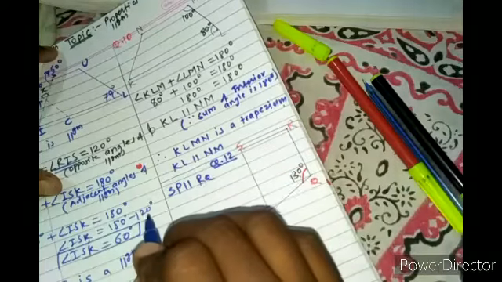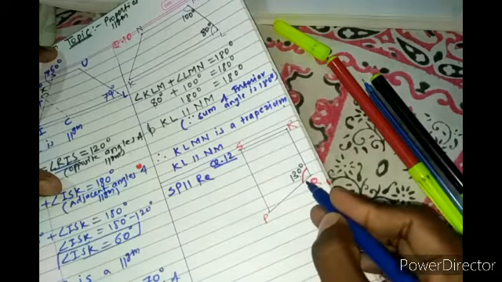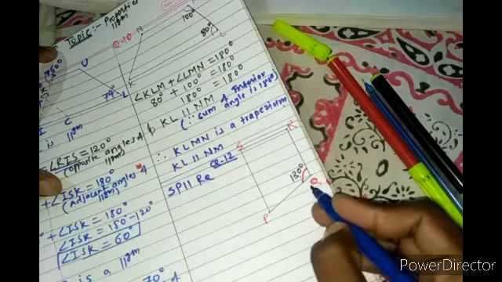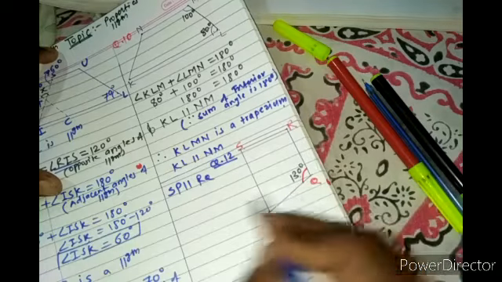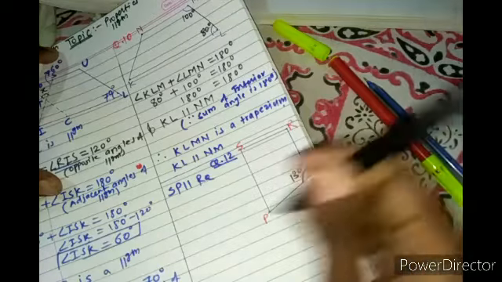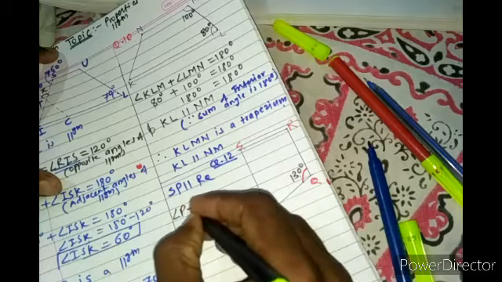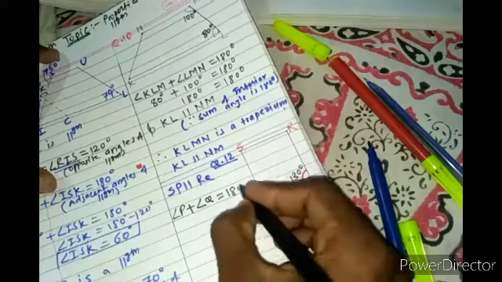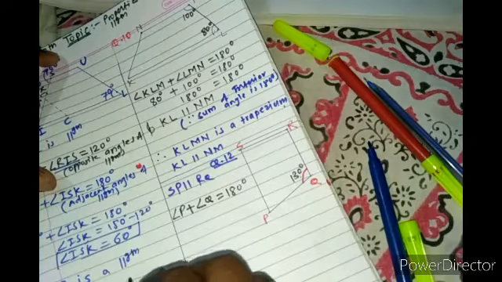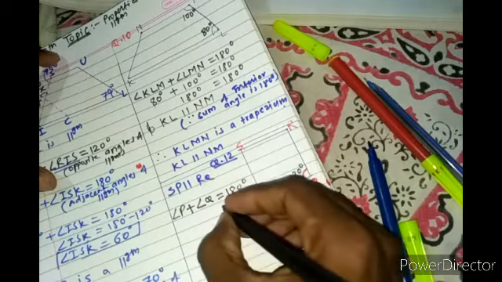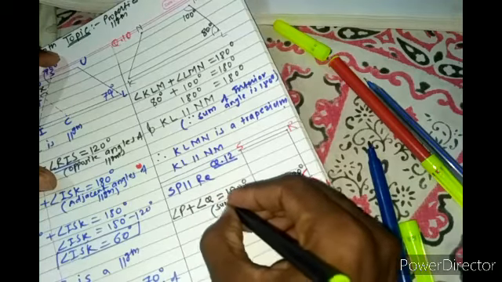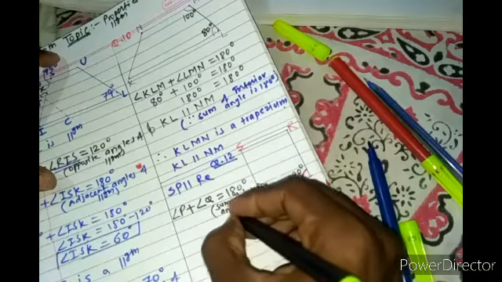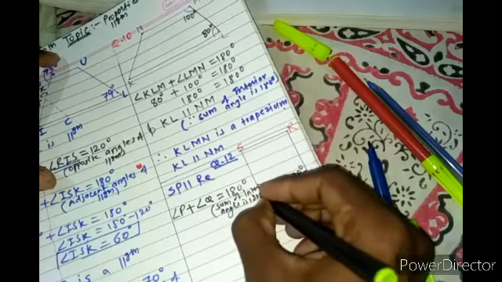SP is parallel to RQ. When this is the case, by the interior angles of parallel lines we can write: interior angle P plus interior angle Q is equal to 180 degrees, the sum of consecutive interior angles.